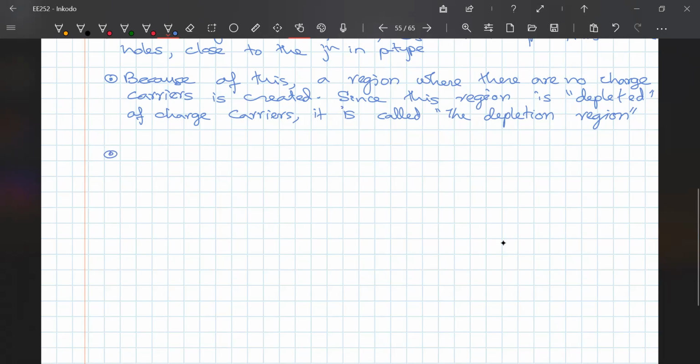Since there are no charge carriers in the depletion region, it is highly non-conductive.